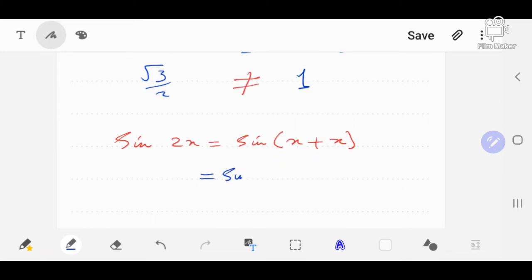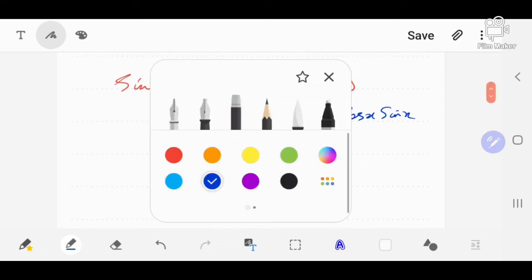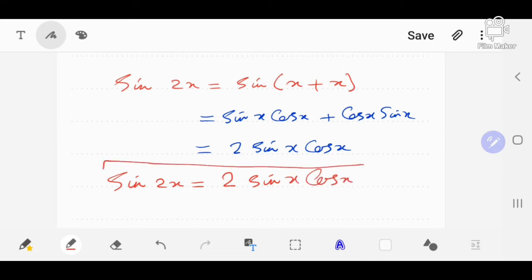This is sine x cosine x plus cosine x sine x, which means I have the same terms here, so you can combine like terms. This will be 2 times sine x cosine x. So sine 2x is actually equal to 2 sine x cosine x. This is a new identity that can be used for double angle.